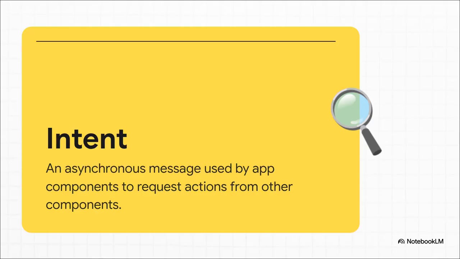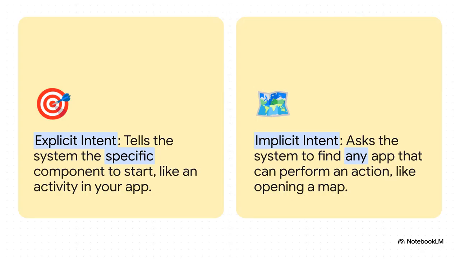Okay, but if you have all these separate pieces, like activities and services, how do they talk to each other? Well, they send messages called intents. You can think of an intent as a request to do something. It's basically the nervous system of the app, carrying signals from one part to another saying, hey, start this screen, or play that song. And this gets really cool, because there are 2 kinds of intents.